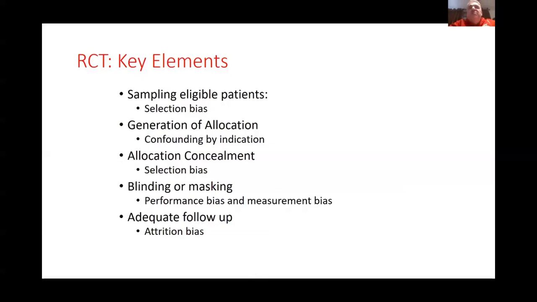Blinding is used to avoid performance bias and measurement bias: performance bias by the investigator, who should not be biased toward the study group whose effectiveness he wants to prove, and measurement bias by being really transparent and neutral toward the participants of both groups.